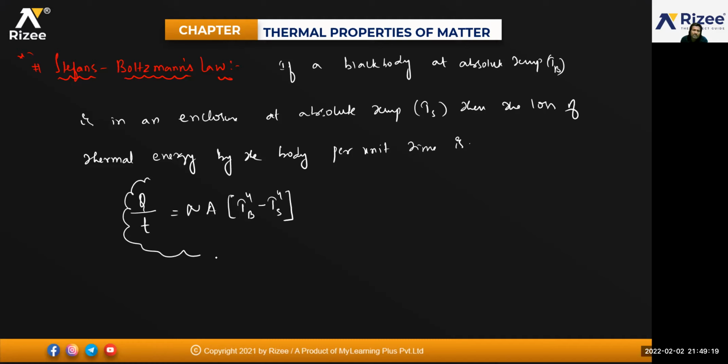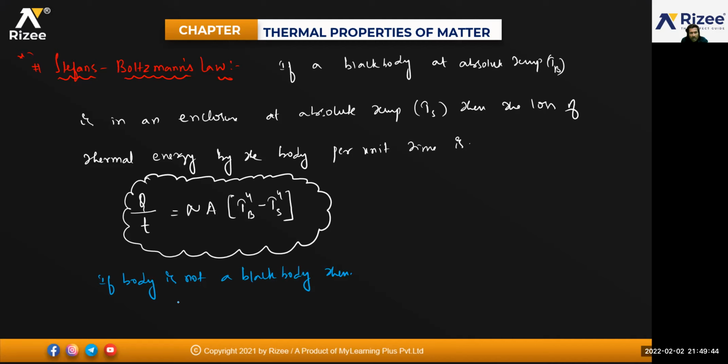So Q by T is equal to sigma into A into (TB to the power of 4 minus TS to the power of 4). If the body is not a black body, then how do you write this relation?